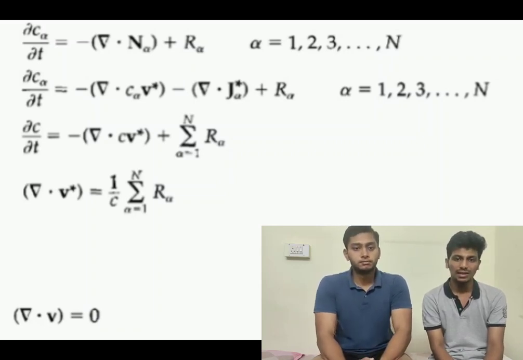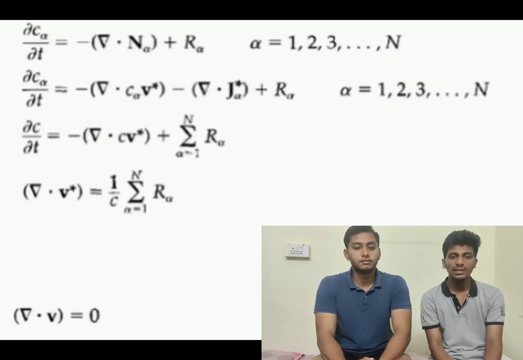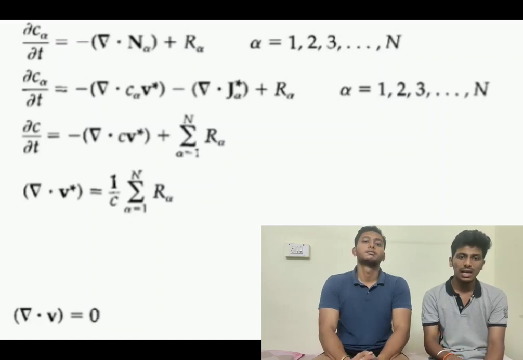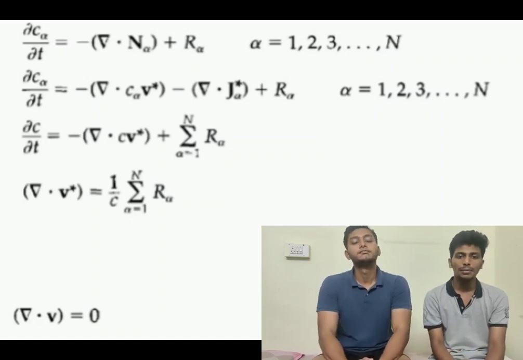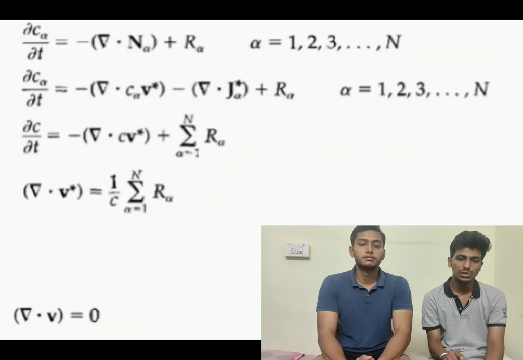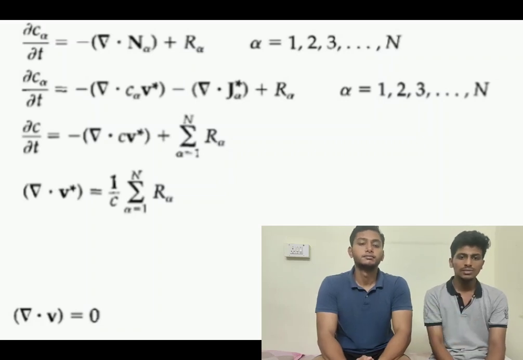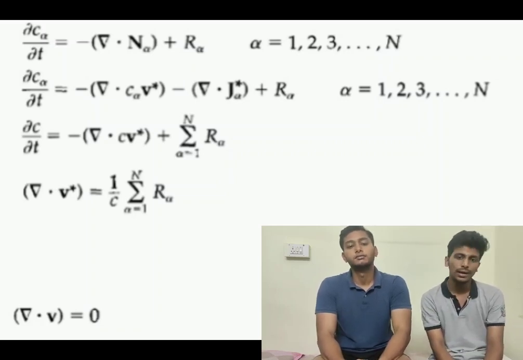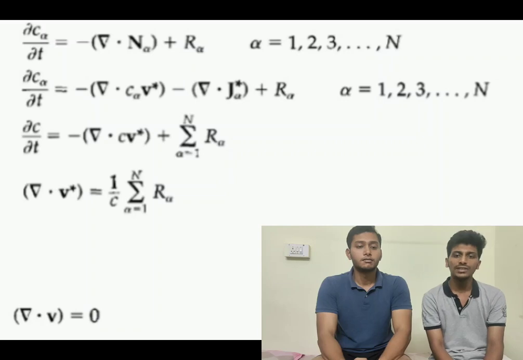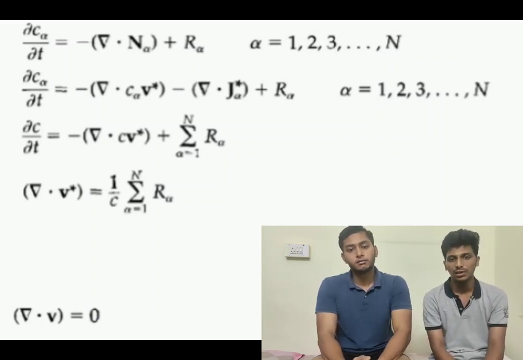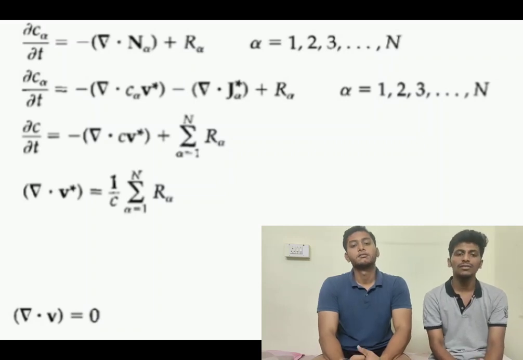Here we use V star, the molar average velocity, defined as V star equals the summation from alpha equals 1 to n of C alpha V alpha divided by the summation from alpha equals 1 to n of C alpha, or that is equal to 1 by C, the total concentration, times the summation of alpha from 1 to n of C alpha V alpha, where C alpha is the concentration of particle alpha and V alpha is the velocity of particle alpha.